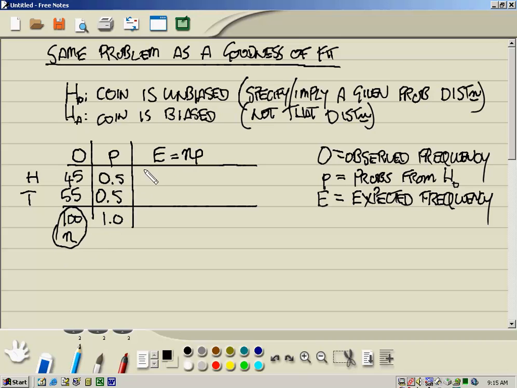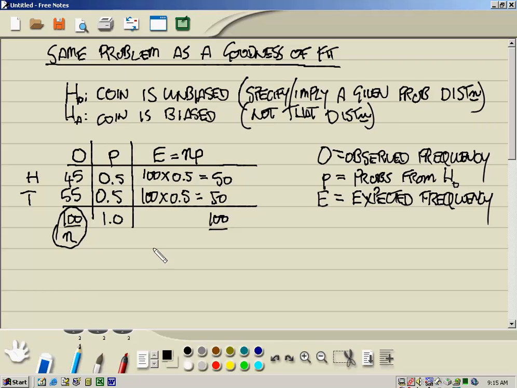So we're going to go 100 times 0.5, and we expect to see 50 heads on average, and of course the same thing for tails, 50 tails. Make sure that we understand that we have 100 here and 100 here. In other words, whatever the observed frequencies add up to, the expected frequencies must add up to the same thing.